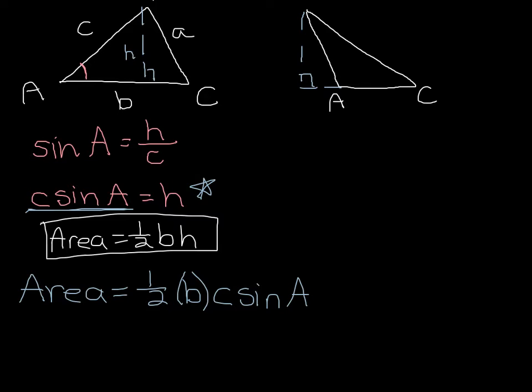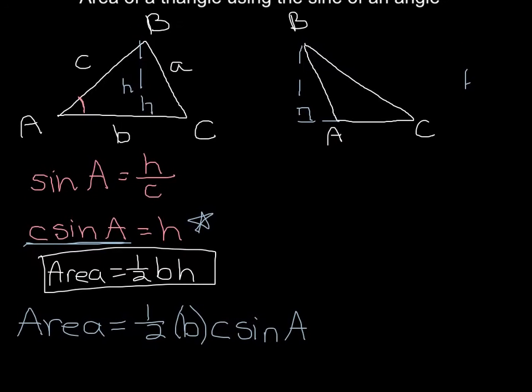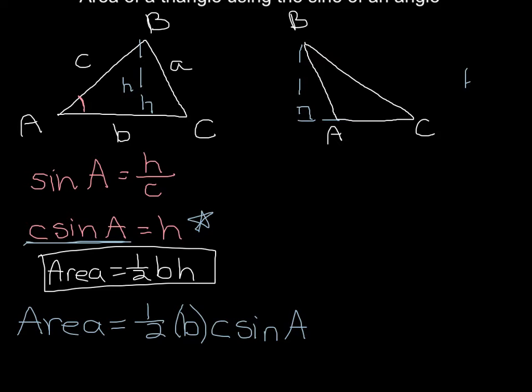Okay, so with our obtuse angle, again, I'm going to do the same thing. The hypotenuse of this right triangle that I have created over here is side C, and we'll call the height H. Again, I'm going to use the sine of angle A within my right triangle over here.